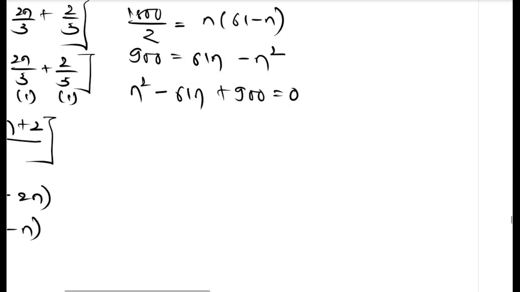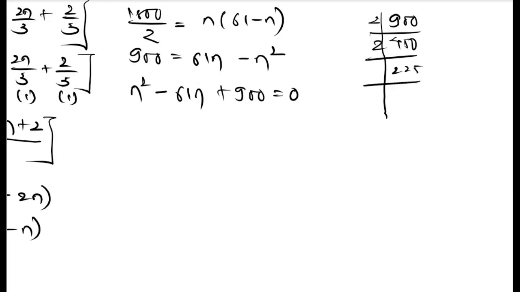Let's check. The factors of 900 are 2, 450s are 2, 225s are 3, 75s are 3, 25s are 5, 5s are 5, 1s are.